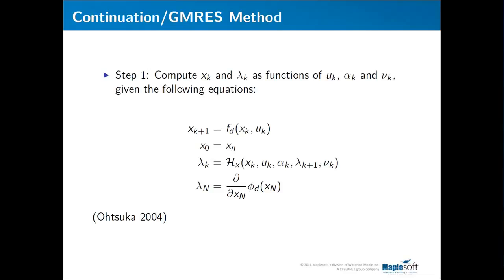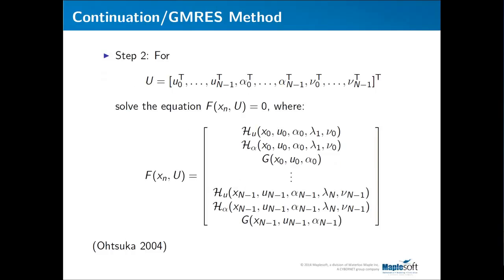In step 1, you solve the dynamic equations of the system forward in time, and then the dynamic equations of the co-states, the lambdas, backward in time in order to compute all the states and co-states in terms of other variables. In the second step, we put all the remaining variables together in a vector called capital U. That includes the inputs, the slack variables, and the Lagrange multipliers nu for the time steps from 0 to n-1.